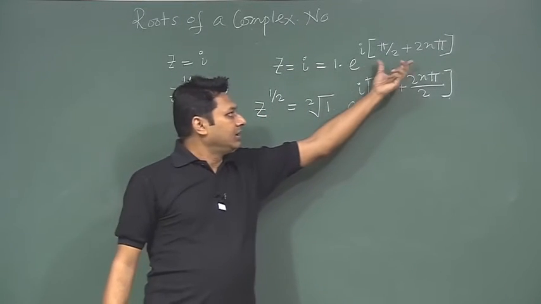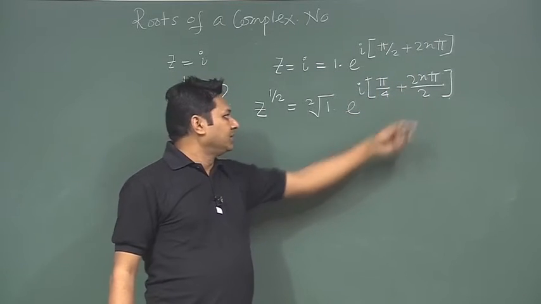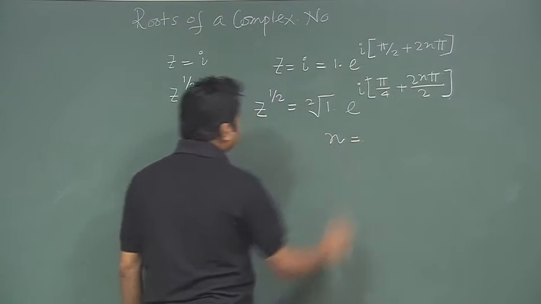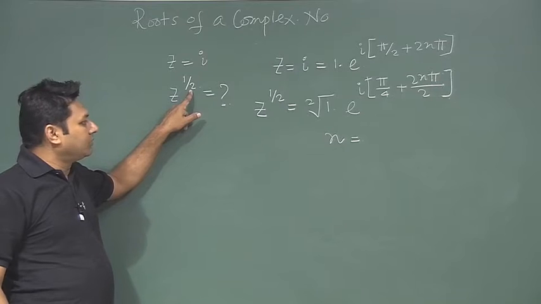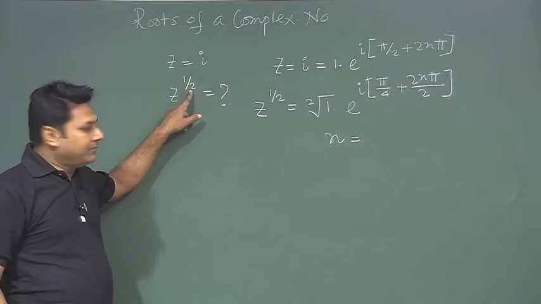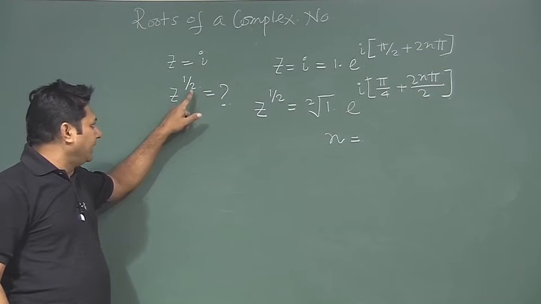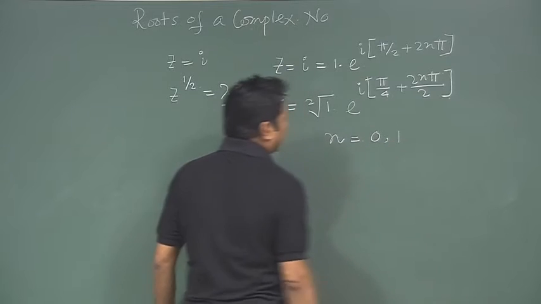So, what is my restriction? If m is given, here m is 2, the n values will be 0, 1, 2, up to m minus 1. So, here m is 2, so I will have only 2 values, n is 0 and 1.